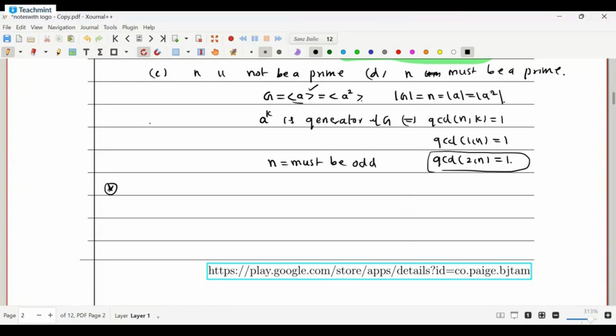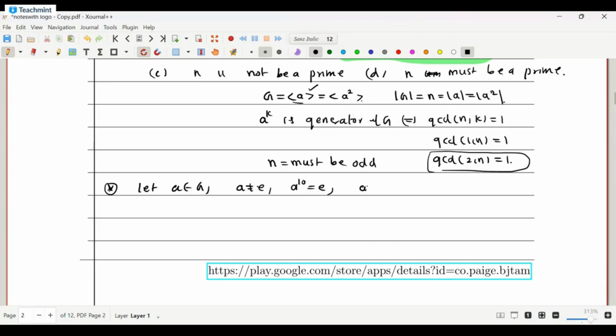Next one. If A comma B are elements of a group G, let A belongs to G and A is not equal to E and A power 10 is equal to E, sir.